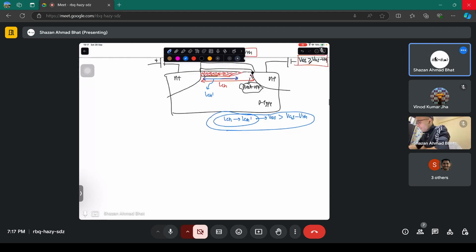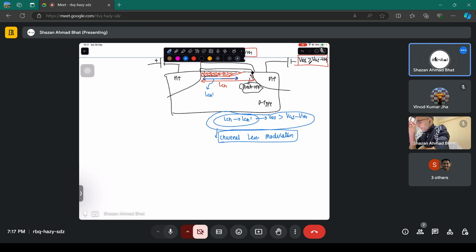So you have modulated the channel, and this is something called channel length modulation. You have modulated the length of the channel with the help of the drain voltage.